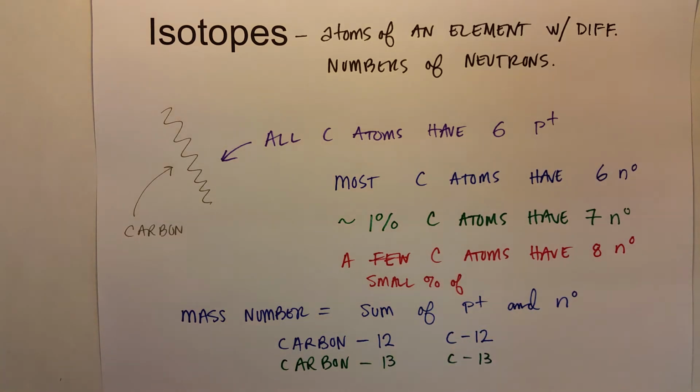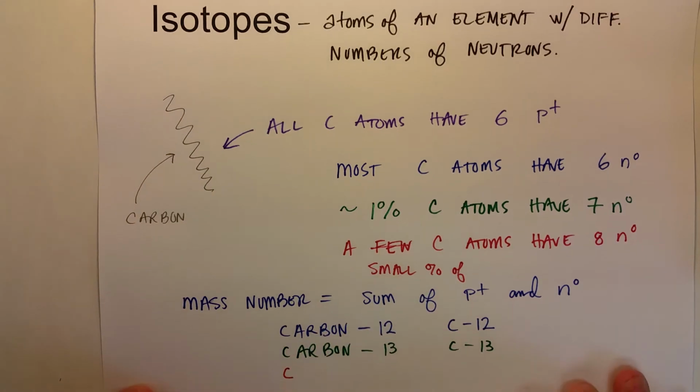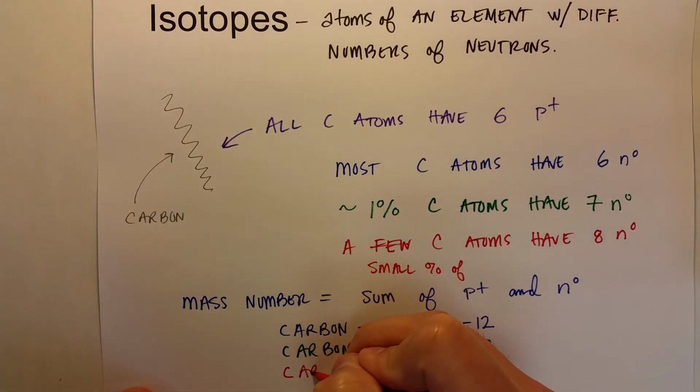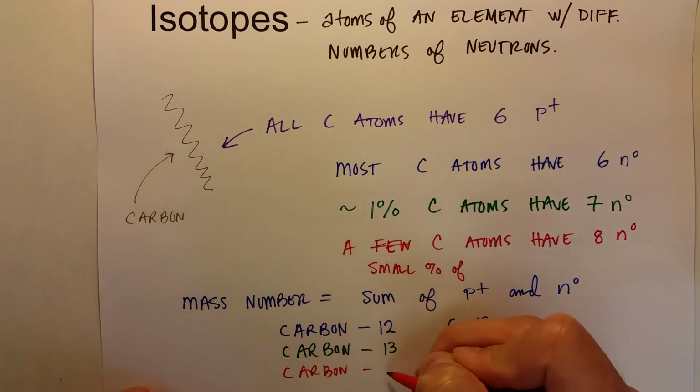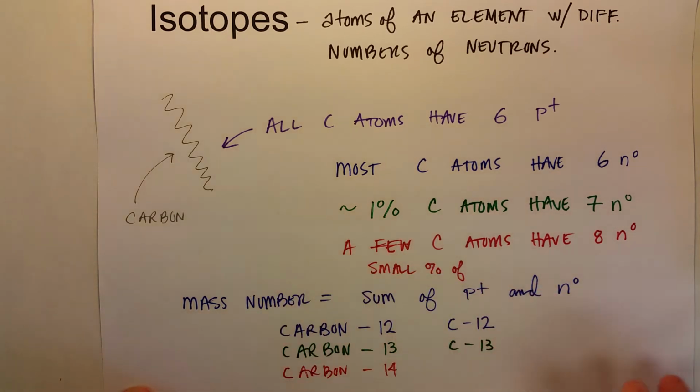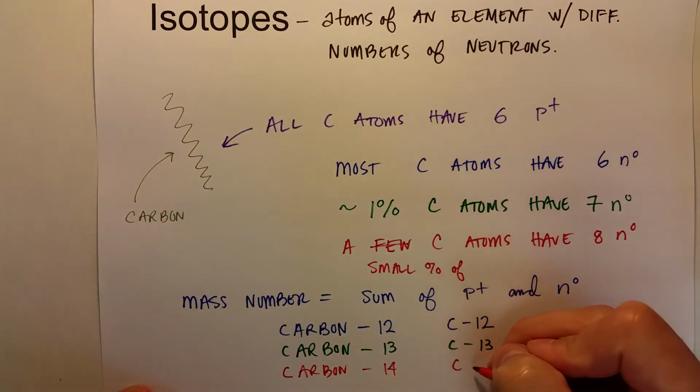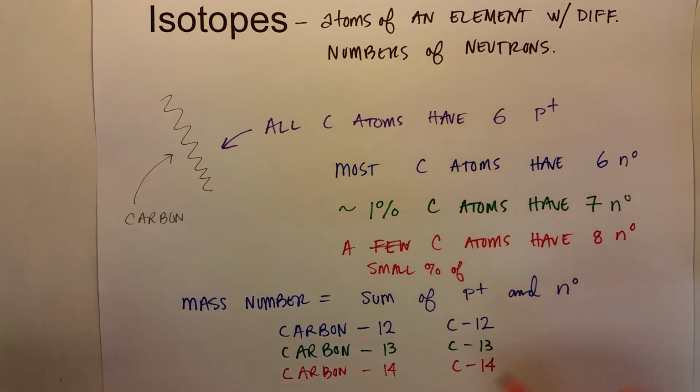And the very small percentage of carbon atoms with 8 neutrons have a mass number of 8 plus 6, or 14. So carbon-14, or C14, is also in that carbon sample. Because it's radioactive, that's the isotope actually used for carbon dating of historical or archaeological samples. You often hear the term carbon-14 dating.